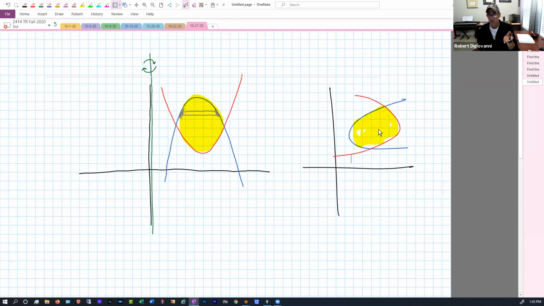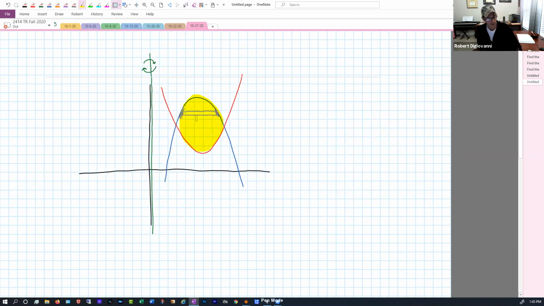I can find the area of the one on the right by doing horizontal rectangles. But if I'm trying to wrap around the y-axis, I don't get that choice because I need my rectangles to go this way so I can wrap and get a washer. Is that clear? So you can't just switch things up, but we have a workaround. We're going to be able to solve this.